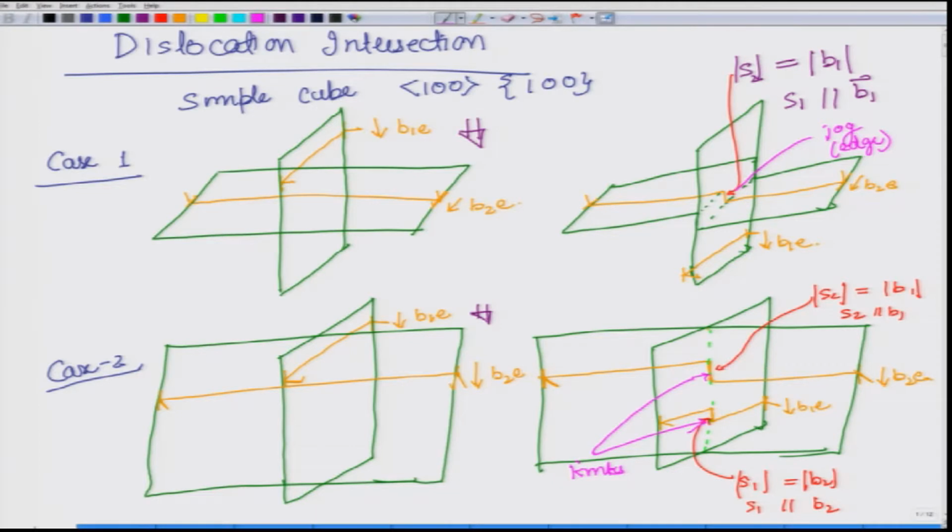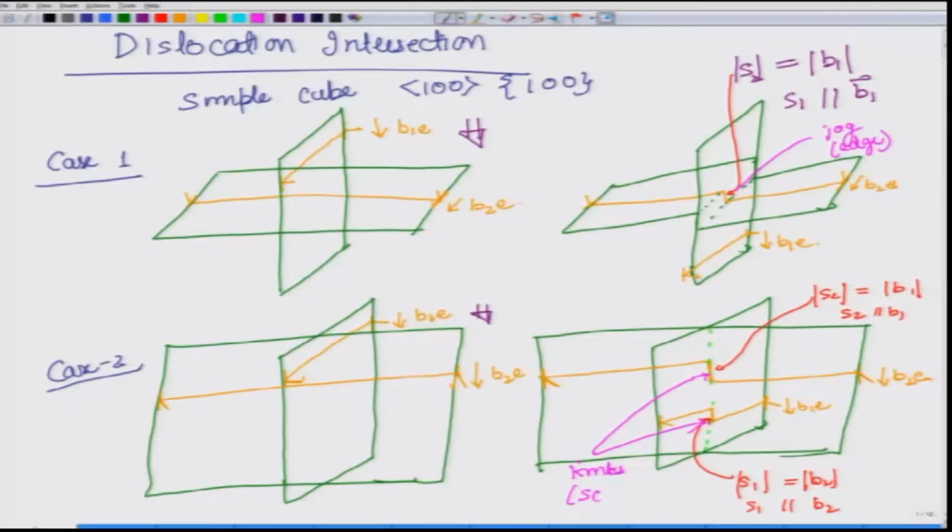So, you see that both of their Burgers vectors were parallel. Therefore, the step that is formed over here is parallel to this Burgers vector, which would mean this is a screw dislocation. Here the line vector is parallel to the Burgers vector. So, both of these are kinks, and in fact, we should know from what we discussed earlier that this will lead to a screw dislocation.